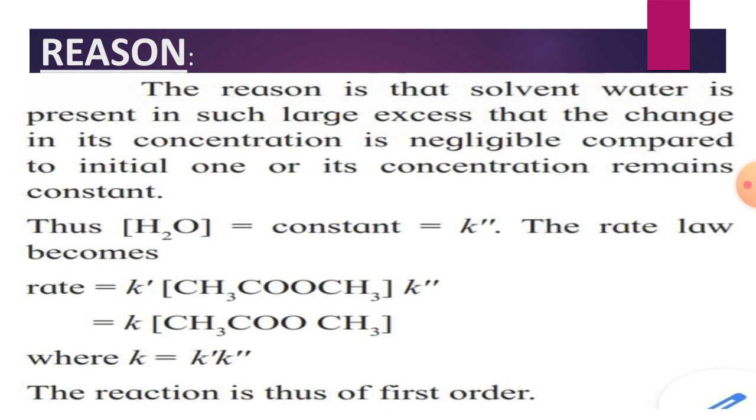So the reason is that solvent water is present in such large excess that there is no change in its concentration compared to its initial one. Initial one means the starting one. Its concentration remains constant. In short, the concentration of the solvent water will remain constant. Why?